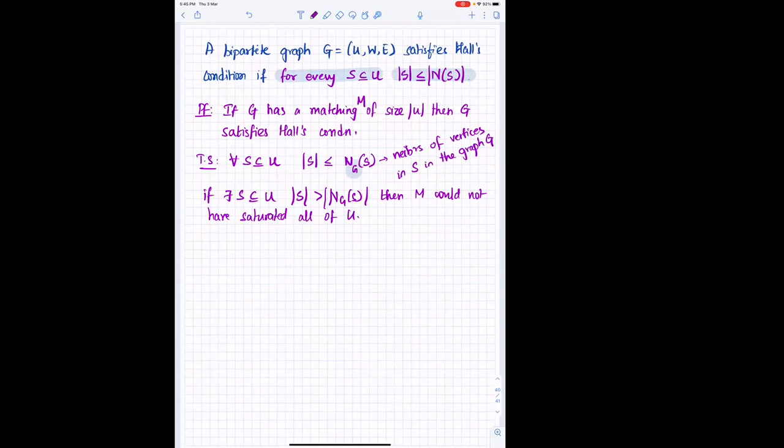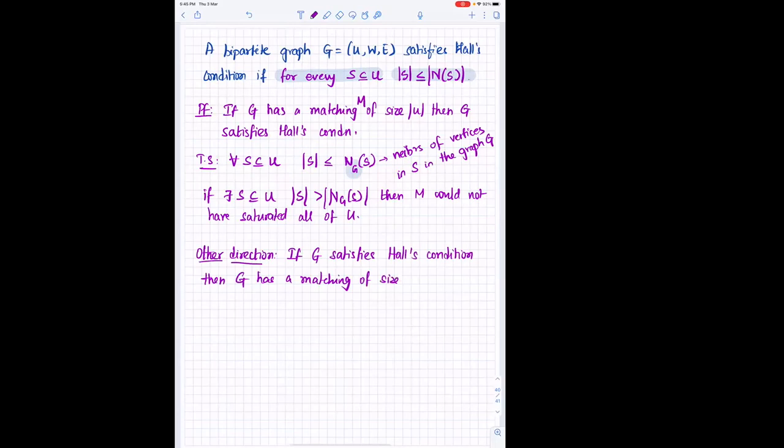So now let's look at the other direction. The other direction is probably the most important, tricky, interesting direction. If G satisfies Hall's condition, then G has a matching of size U. Okay.